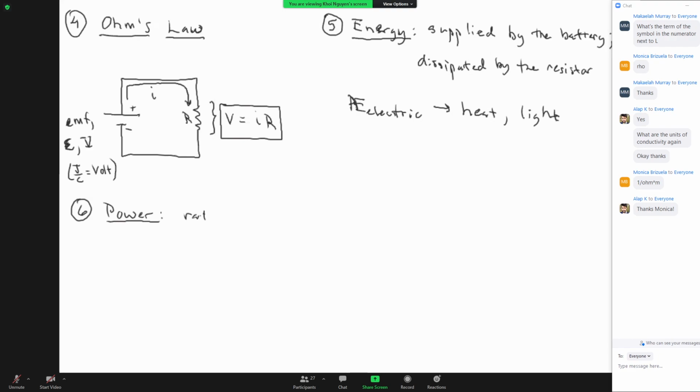Power is the rate of energy supplied, generally equals the rate dissipated. Usually supplied by the battery, usually dissipated across the circuit elements, the resistors, the capacitors, the inductors. But for you guys, for the MCAT, you don't need to remember your inductors. So good for you.